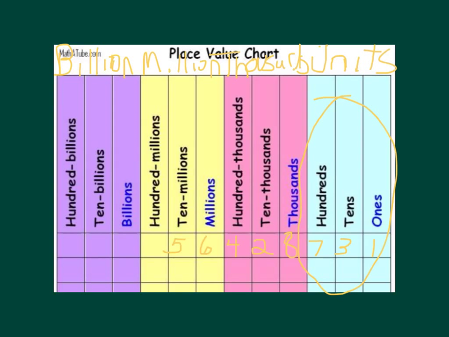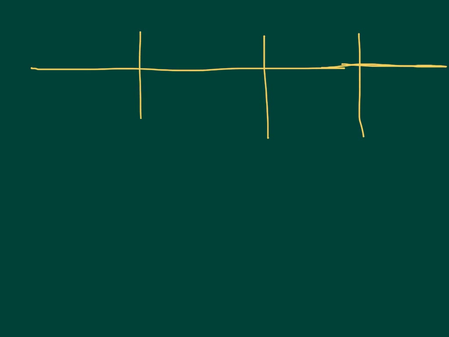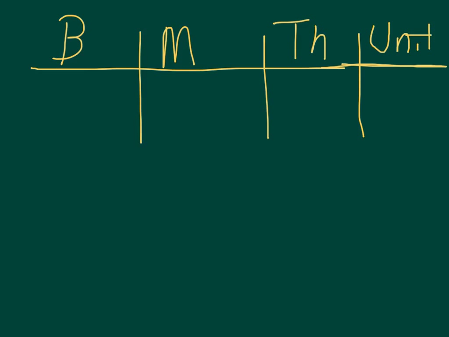So you won't always have a nice place value chart, but you can always create your own. So if I create one, I do it a little bit more simply than the chart we just looked at. I draw in my periods. I've got my units. I have my thousands, and I abbreviate it just TH. I have my millions, and I have my billions.